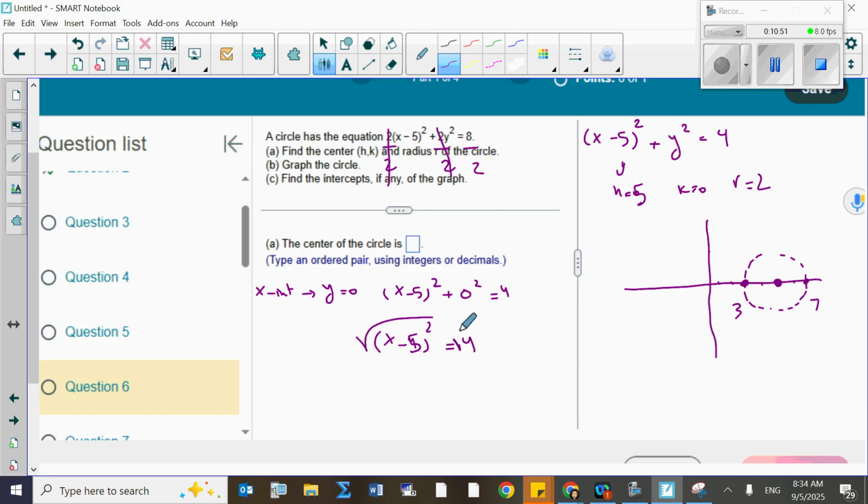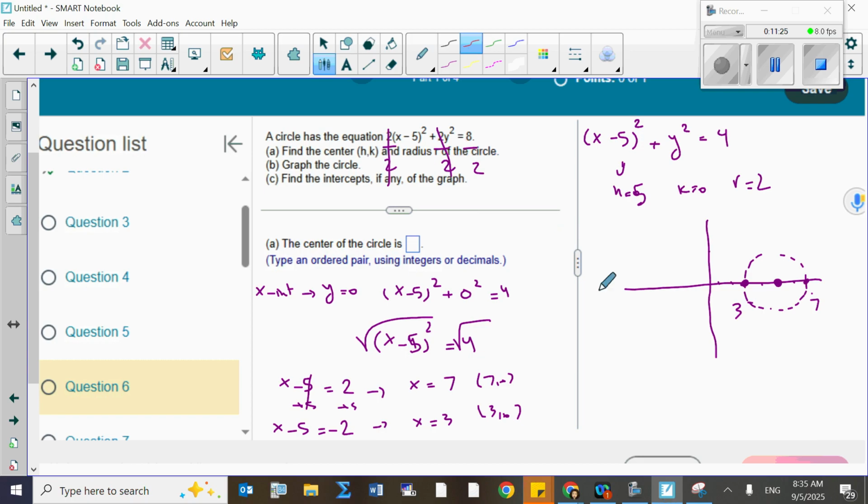Now I take the square root of both sides, and x minus 5 will be positive square root of 4, which is 2, and will be negative square root of 4, which is negative 2. So if I solve for x, x is 7 here, and this one, if I add 5 to both sides, x will be 3. And you see those are the same values that I found on the graph. So 7 and 0 and 3 and 0 are my x-intercepts.